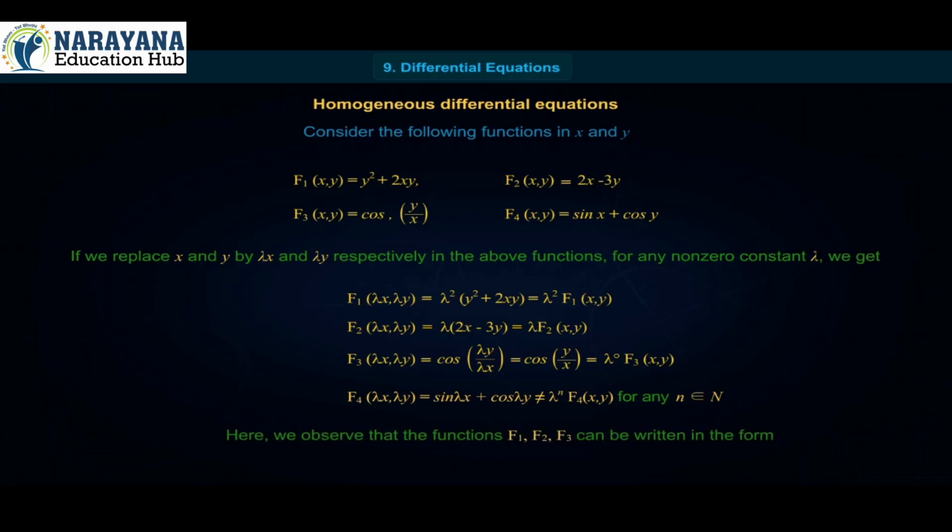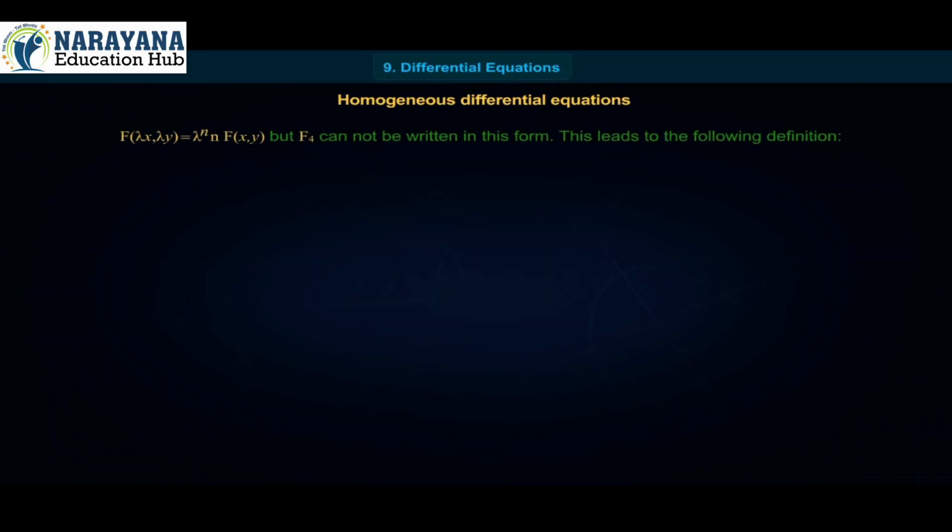Here we observe that the functions f1, f2, f3 can be written in the form f of lambda x, lambda y is equal to lambda raised to n f of x, y, but f4 cannot be written in this form. This leads to the following definition.